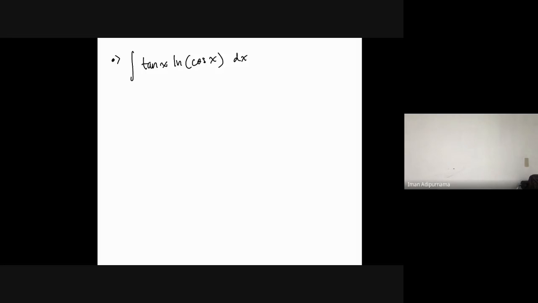What is your idea to solve this? Basically, it's the substitution method. You need to substitute some parts of the function. But let's see if you can solve it.